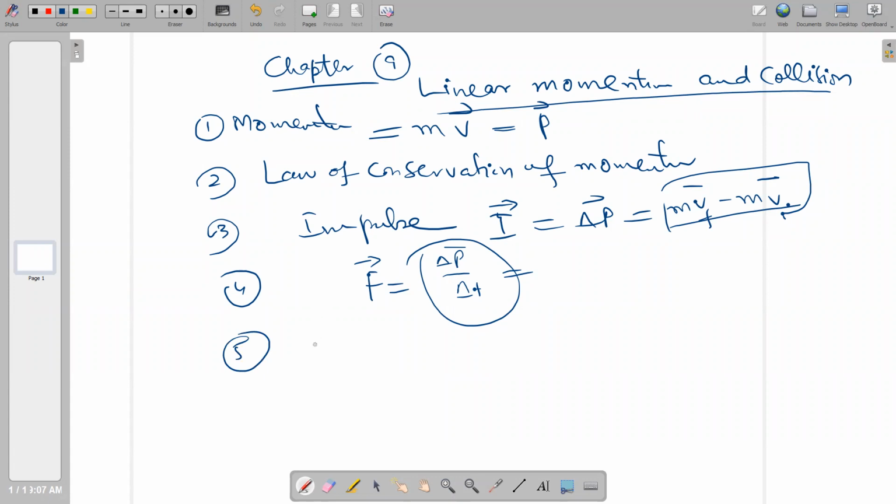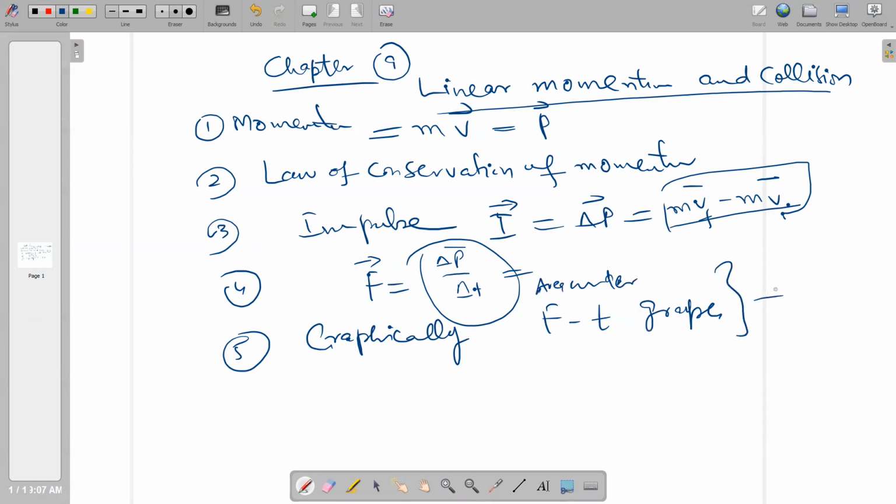Then we discussed different formulas of impulse, and graphically we have seen that the area under the f of t graph will give you the impulse.